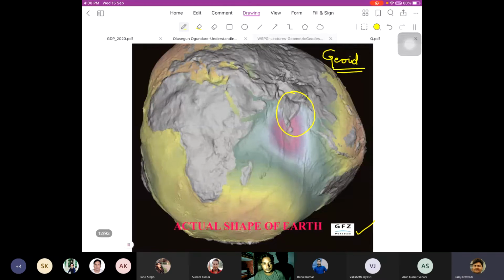A very smooth figure, but the variation would be represented by certain values. And if you see the 3D view of it, you will see certain variations in places where there is topography.